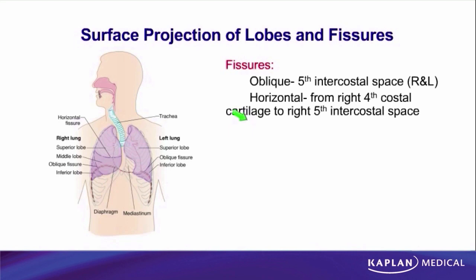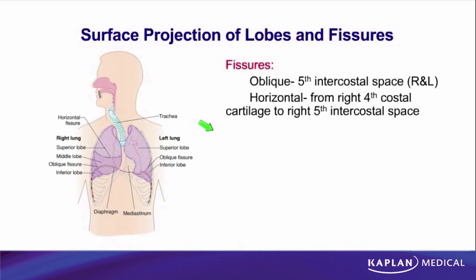So the horizontal fissure starts at the fourth costal cartilage, next to the sternum, and then as we head horizontally to the right, it goes from the fourth costal cartilage to the fourth intercostal space, to the fifth rib, to the fifth intercostal space. And then, of course, the fifth intercostal space is where the oblique fissure is, so that's where the horizontal fissure meets the oblique fissure. Okay?